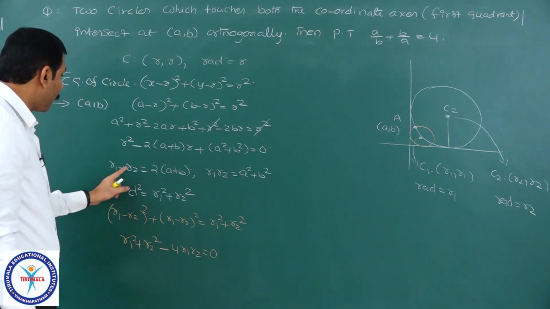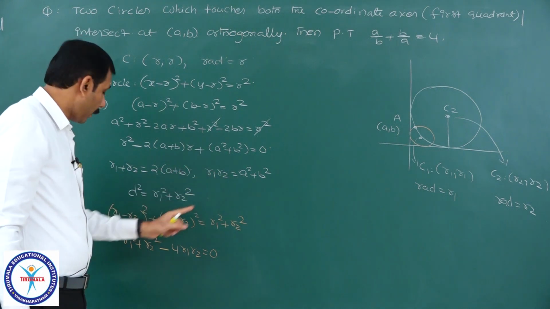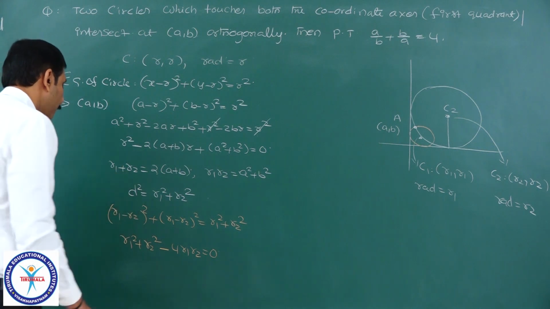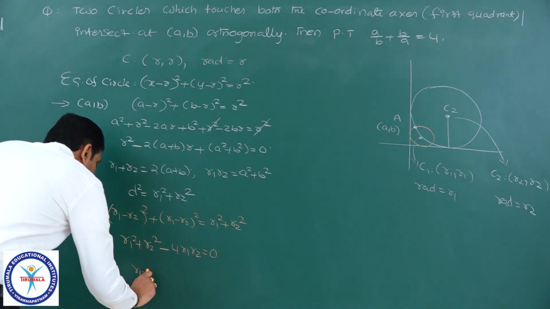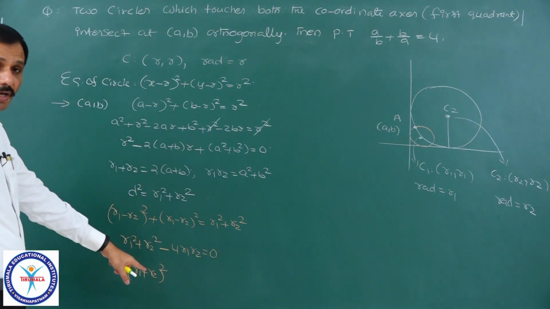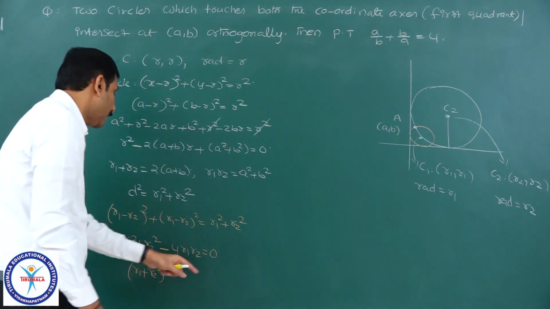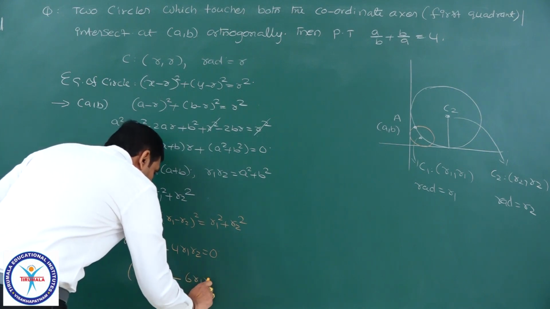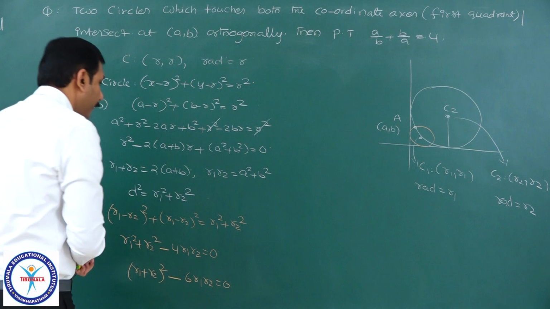I know r1 + r2 and r1 r2, therefore I will write r1² + r2² in terms of r1 + r2. It is (r1 + r2)² − 2r1r2, and already −4r1r2 is there, so −6r1r2 = 0.